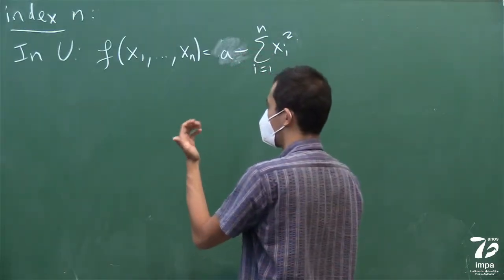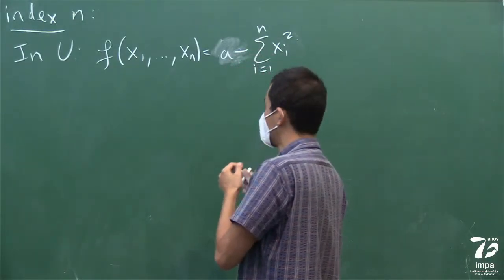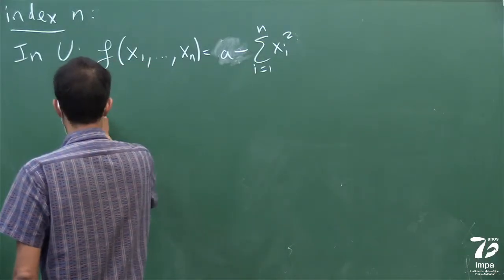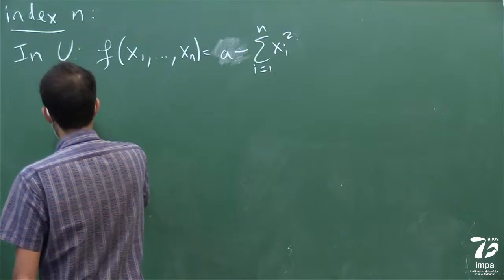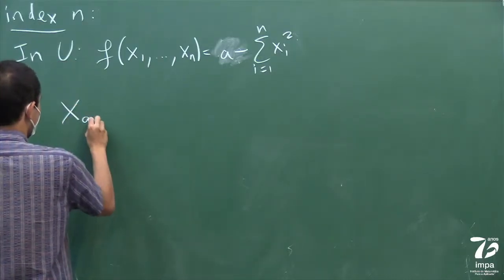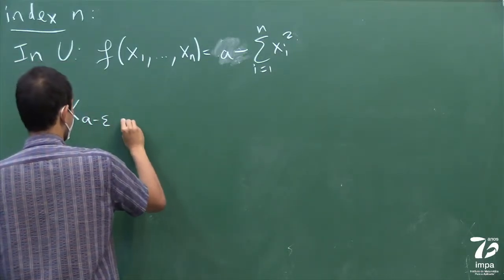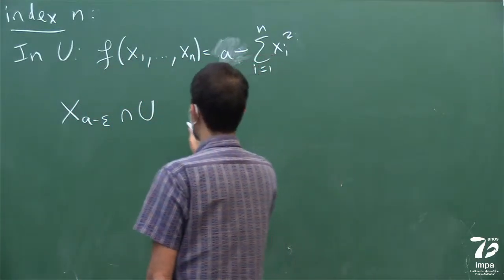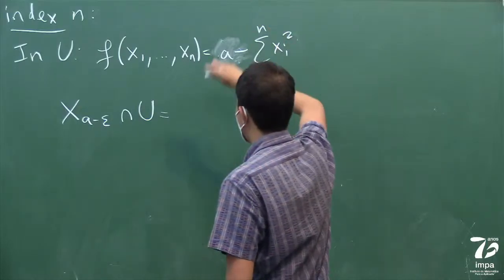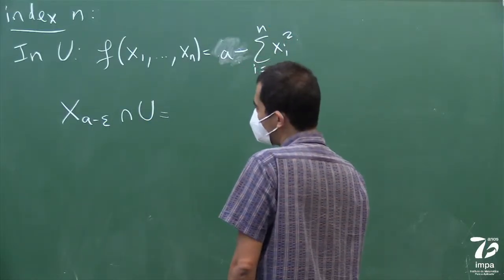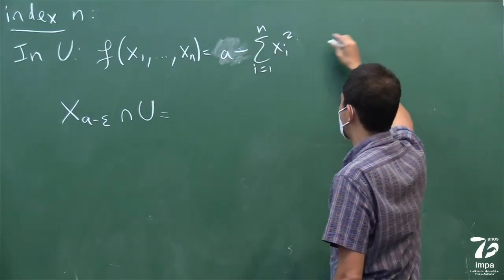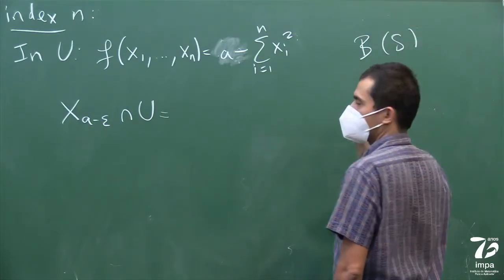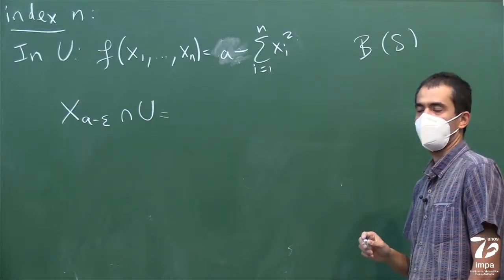So what does it mean here, really? It means that in U, when you look at x a minus epsilon intersected with U, you can assume that U is just like a ball of, I don't know, radius delta, centered around 0.